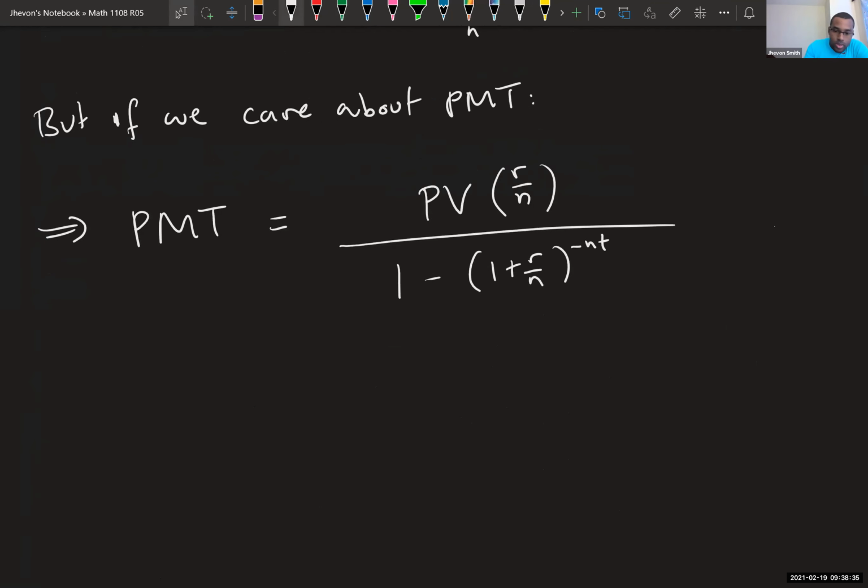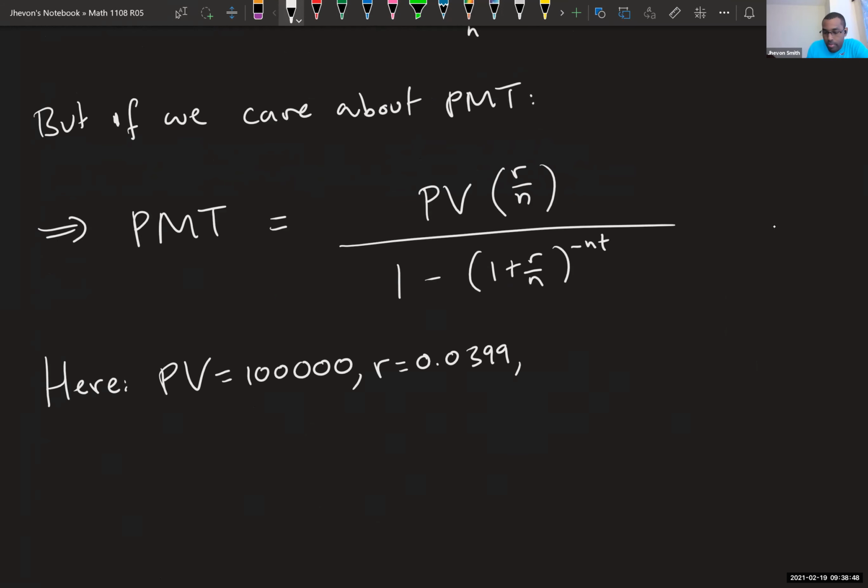And here, of course, our present value is 100,000. That's what I'm getting right now today. Interest rate they're charging me is 3.99%. It's compounded per month, so that's 12 times per year, and I'm borrowing this money for a loan term of 5 years.